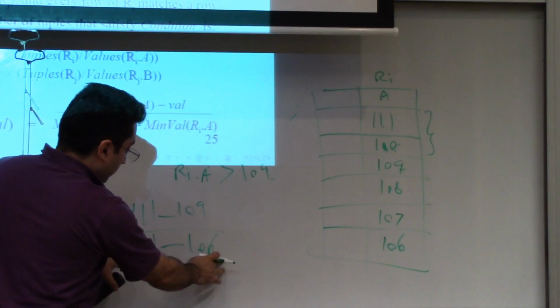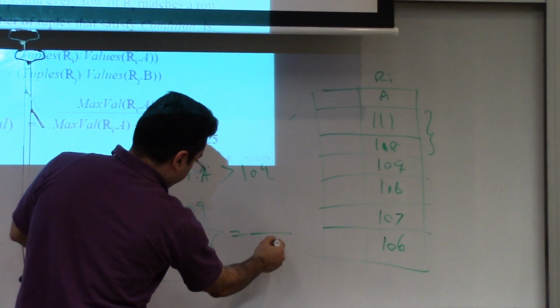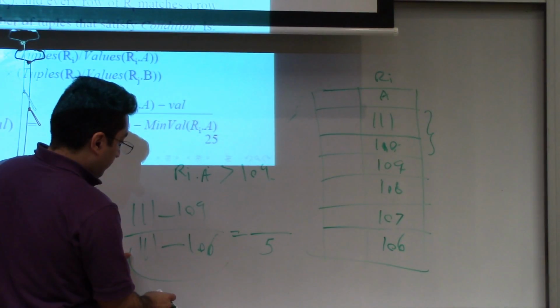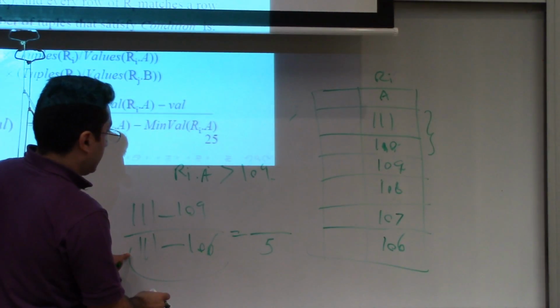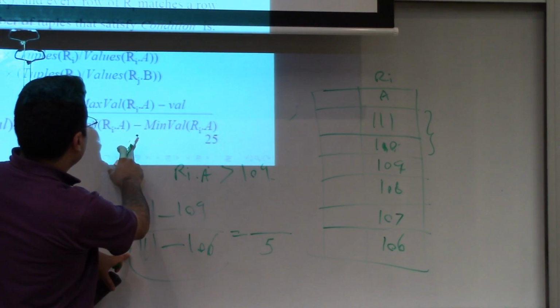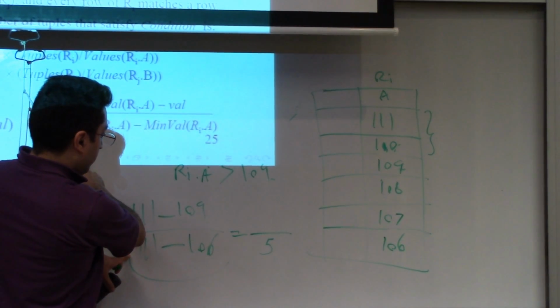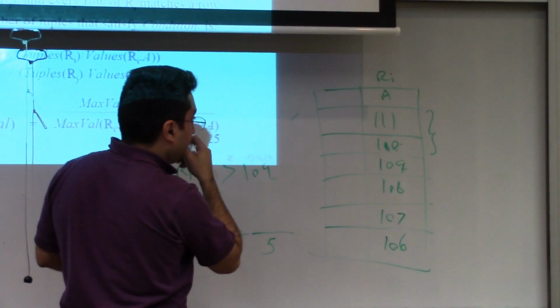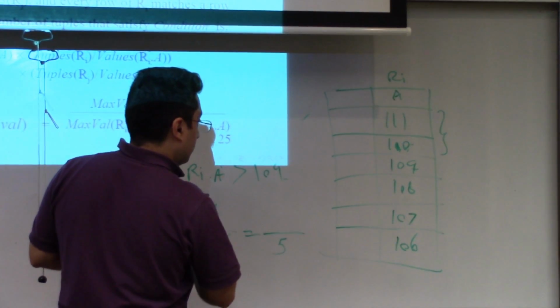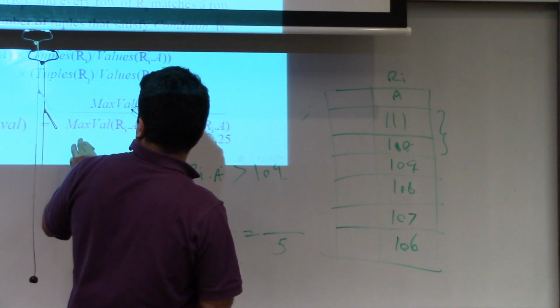How much is it? 5. It should be 6, right? Okay, so it's 5. It should be plus 1 here.